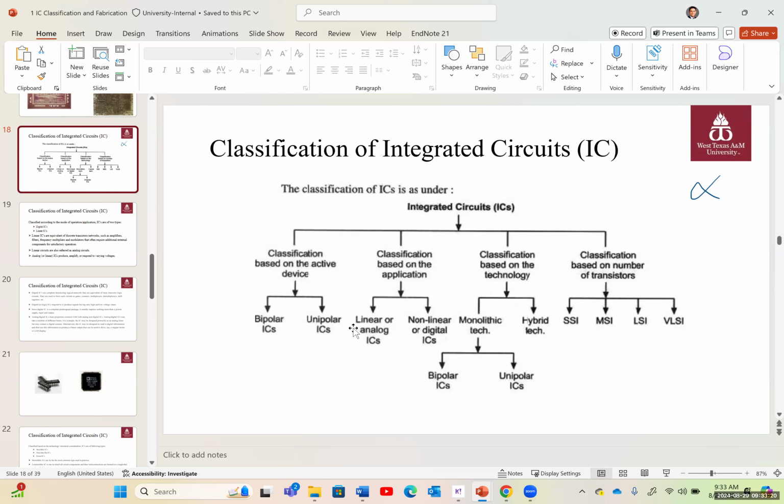The classification based on the application, we have analog or linear ICs, which is the topic of this class, and digital ICs, which is a topic of another class, digital design. Classification based on the technology, we have monolithic technology, bipolar and unipolar, and we have hybrid technology. And the classification based on the number of transistors, we have SSI, MSI, LSI, VLSI, ULSI, and GSI.